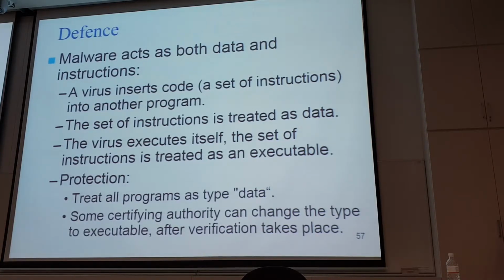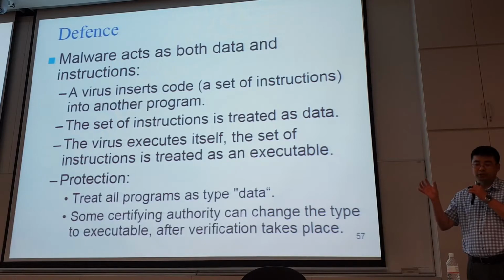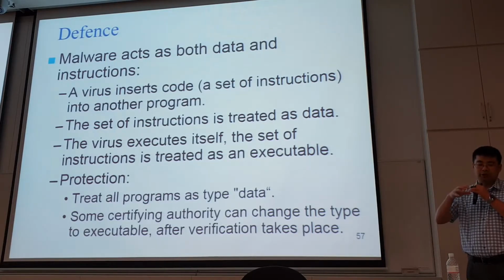Right, so in this case, if we treat the instructions as data, that means even if you have some virus, we will treat it as data. It's somehow similar to the encoding we have seen in cross-site scripting, right? In cross-site scripting, we have some malicious code. If you treat the malicious code as a program, then of course it will damage the system.